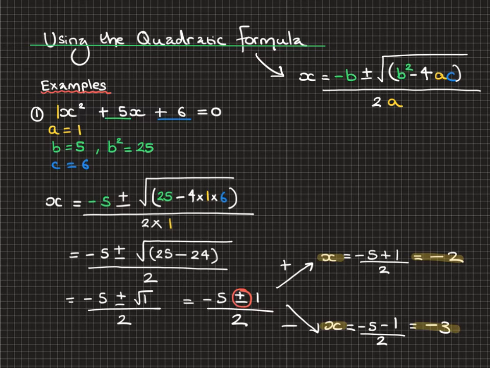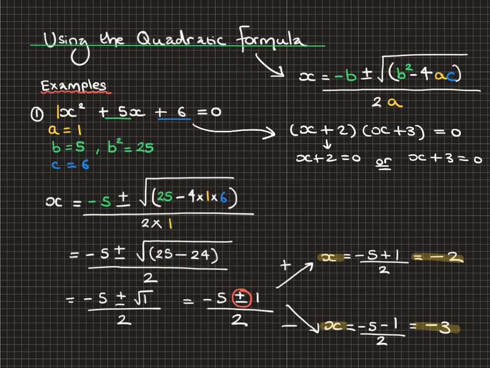Now that's interesting. Both these answers work out to be integer values. And that's because I chose as this first example a quadratic which actually could have been factorised. So if you go back to the original question, I could have factorised this, x plus 2, x plus 3 equals 0, which then gives me x plus 2 equals 0, or x plus 3 equals 0, which then gives me answers of x equals -2 or x equals -3.